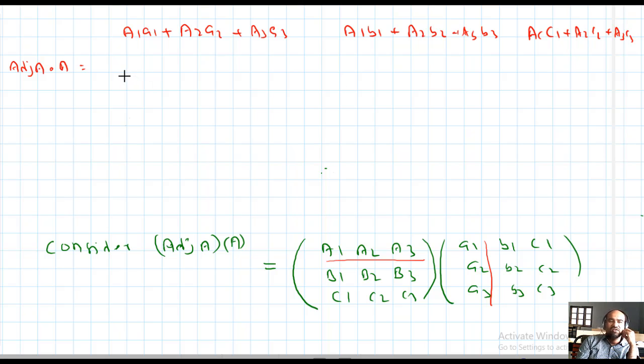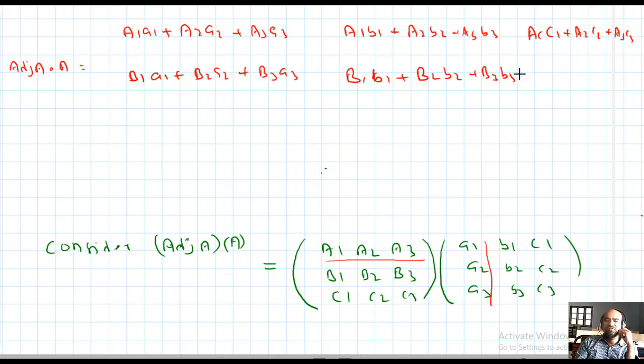Second row, first column: B1 into a1 plus B2 into a2 plus B3 into a3. Second row, second column: B1 into b1 plus B2 into b2 plus B3 into b3. Then B1 into c1, B2 into c2, B3 into c3.